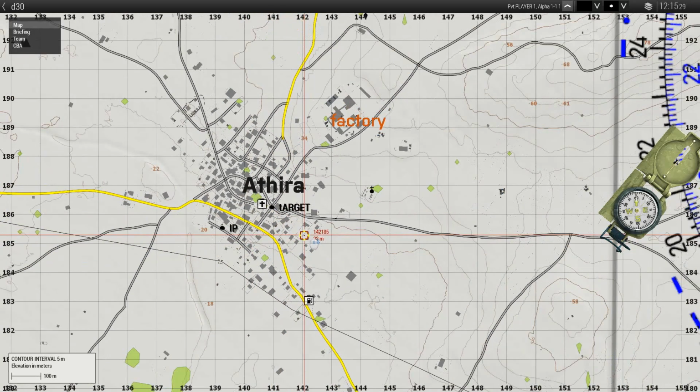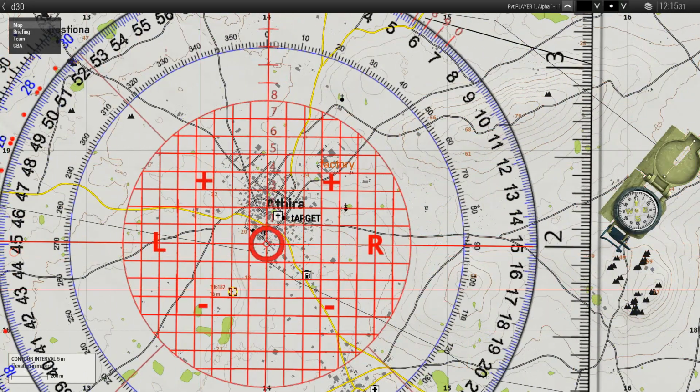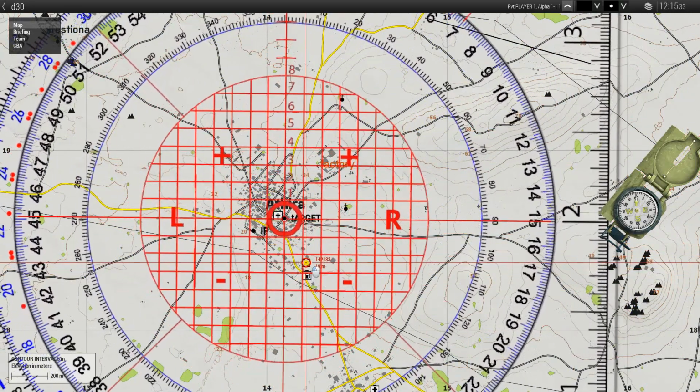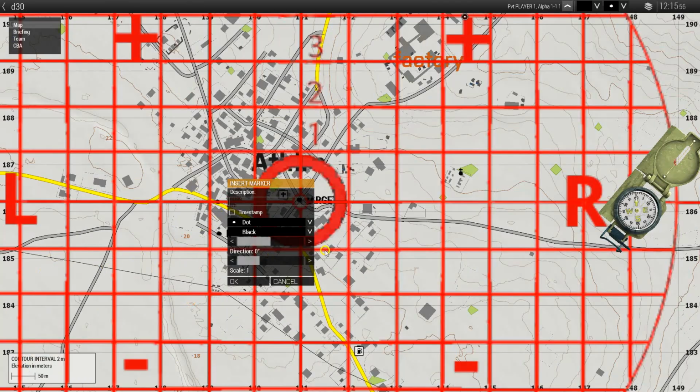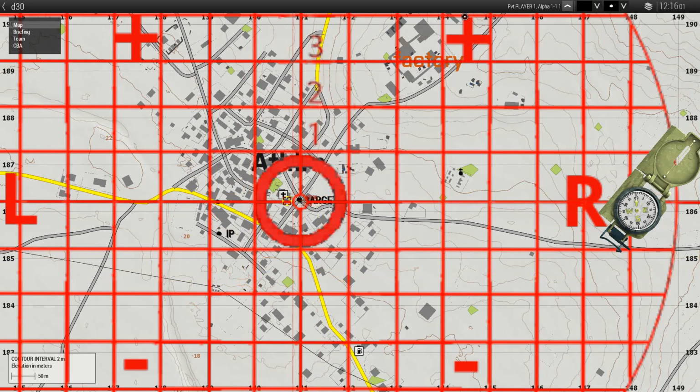Let's say he's using polar coordinates, which means he will report back the information that the impact point is 180 meters to the west, and 75 meters to the south.